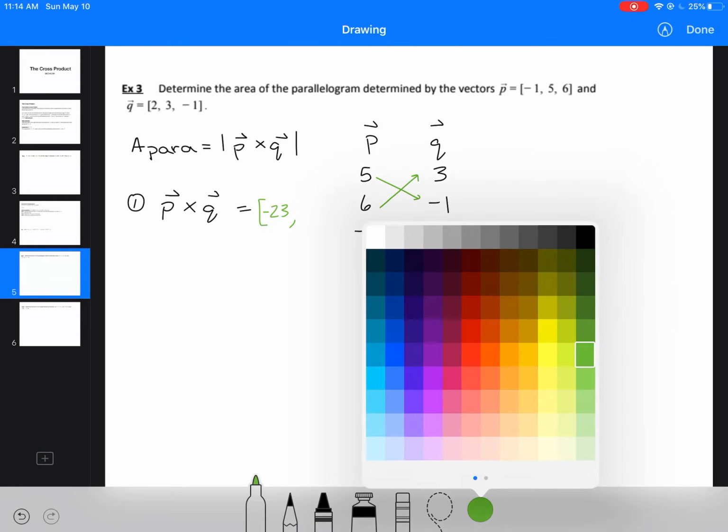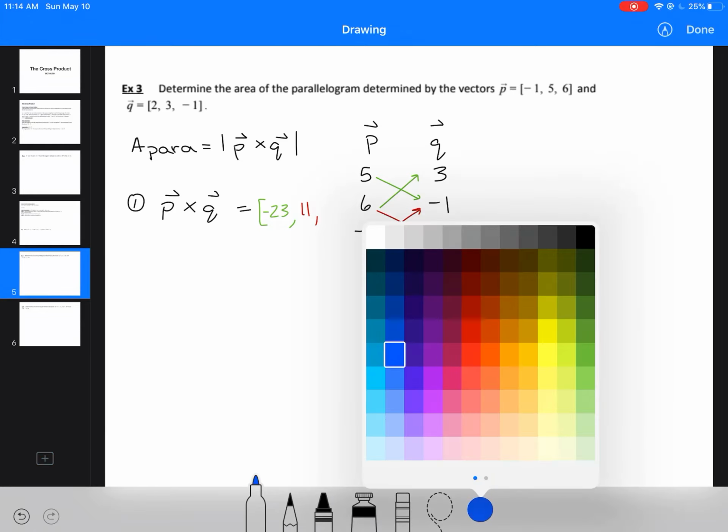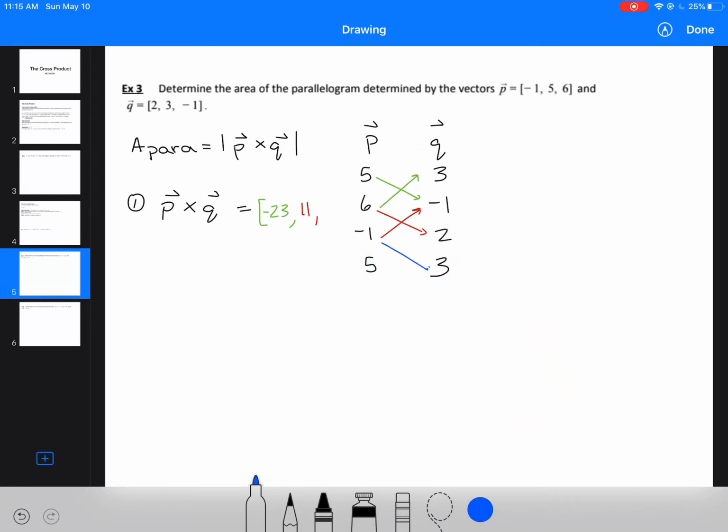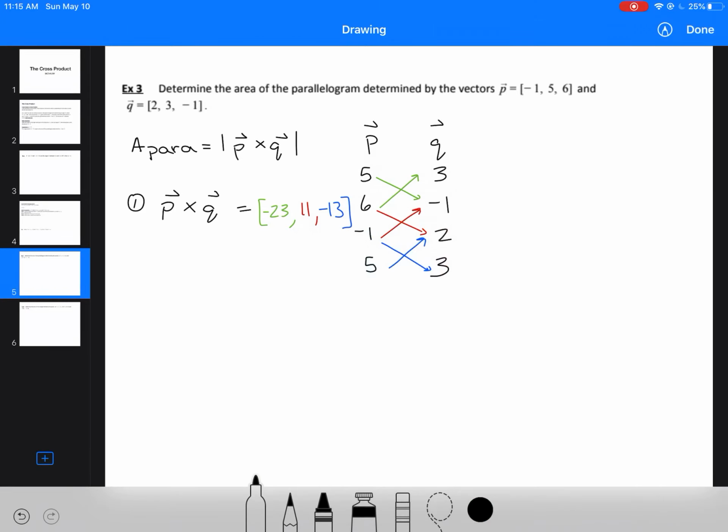The second one I will do in red, 6 times 2 minus 1 times -1, which should give me 11. And then the third one in blue would be -1 times 3 minus 5 times 2, which should give me -13.